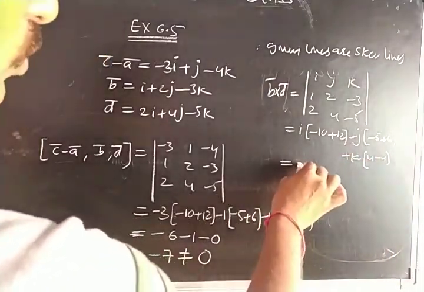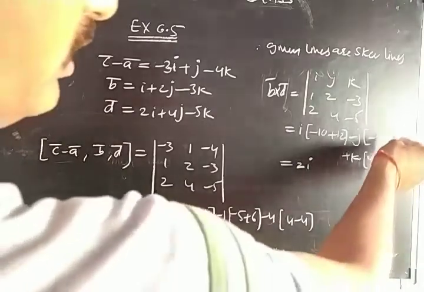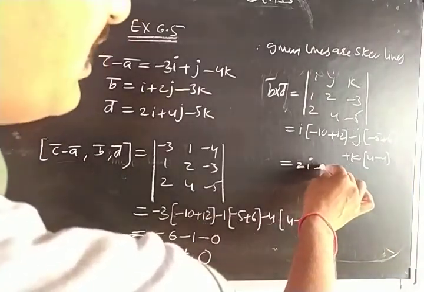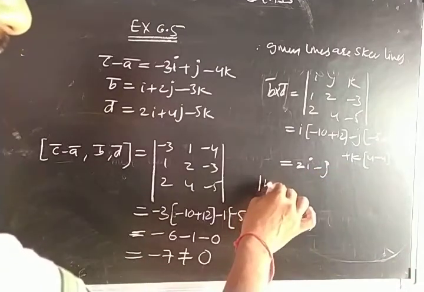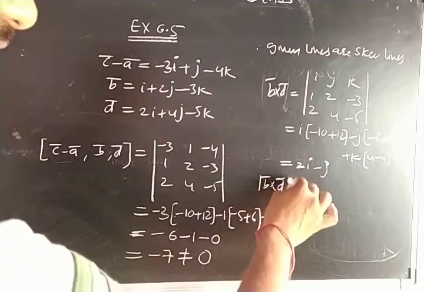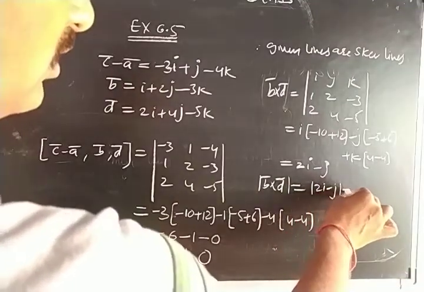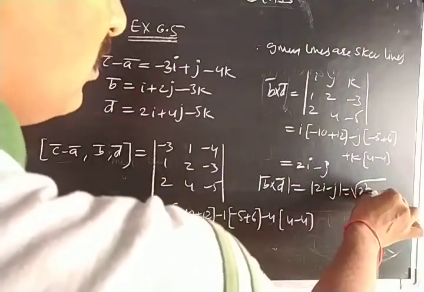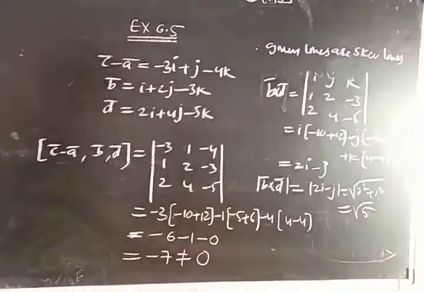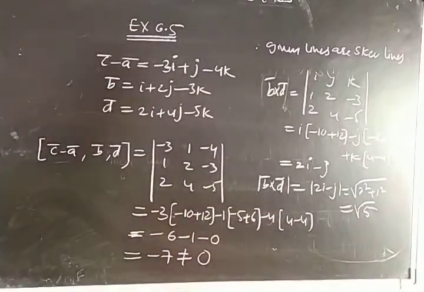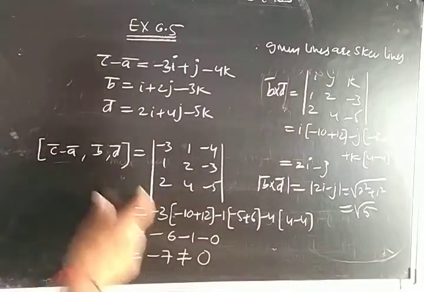So you will get here 2i minus j, k is 0. Now the modulus of b cross d bar is the mod of 2i minus j, that is square root of 2 square plus 1 square, that is square root of 5. So b cross d bar has modulus square root of 5, and the bracket value is minus 7.